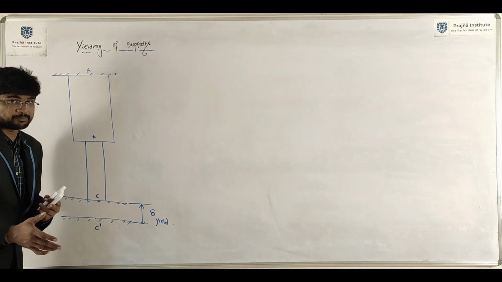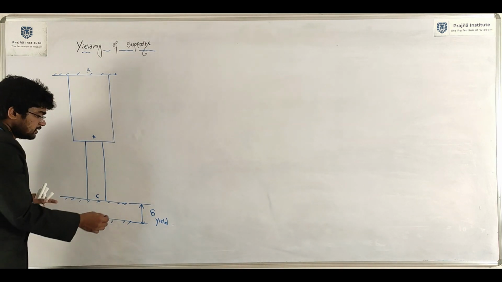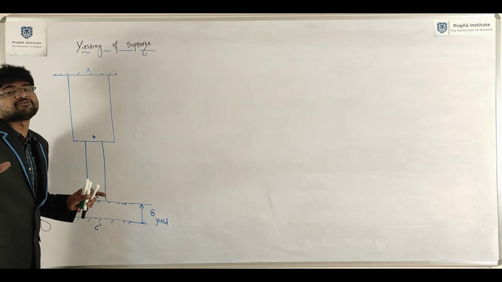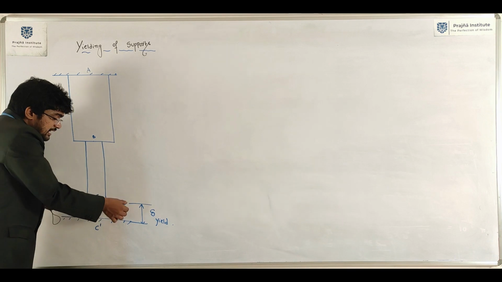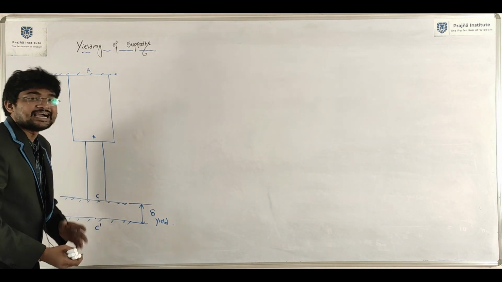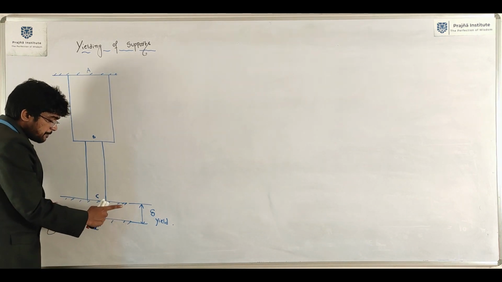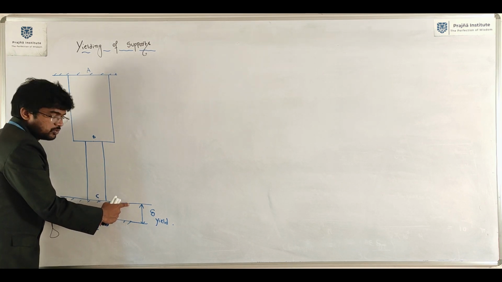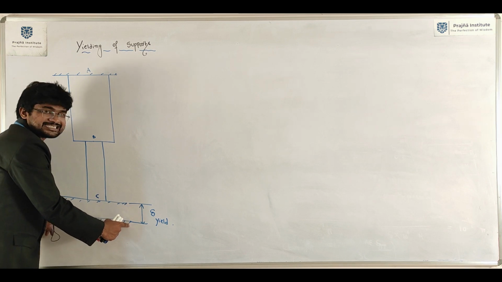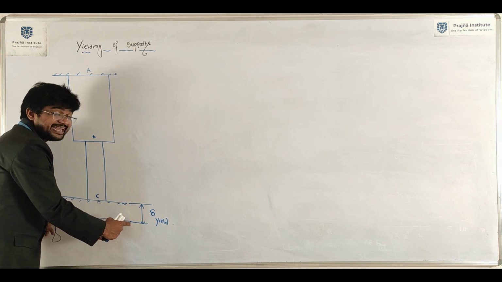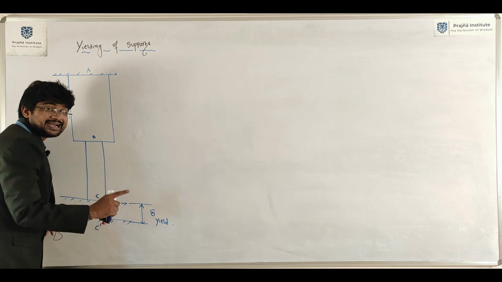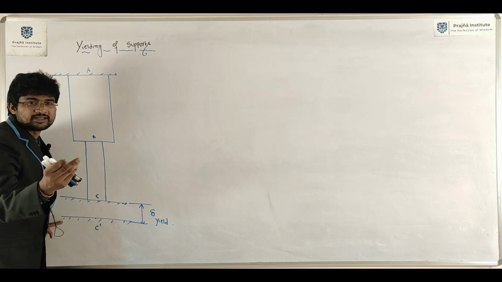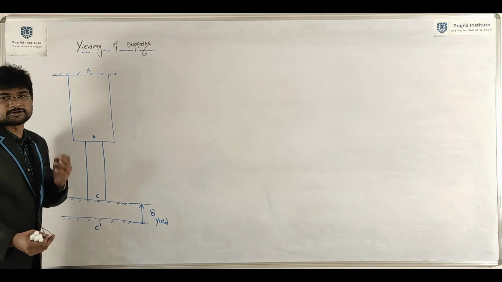This is a fixed support, of course, but the support is not 100% fixed. Here support C has the ability to move up to this particular distance. That is called yielding of the supports. Delta gap is different, where the support is rigid and there is no movement of the supports.